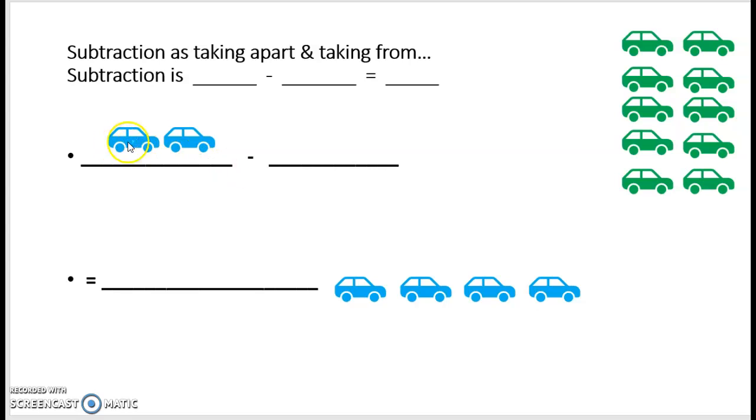So here I have 2 cars and I have the minus sign, 2 minus something, and then I have my sentence at the bottom equals, and I gave them the amount of cars, 1, 2, 3, 4 cars. So they would have to say, okay, the sum is 4 cars.